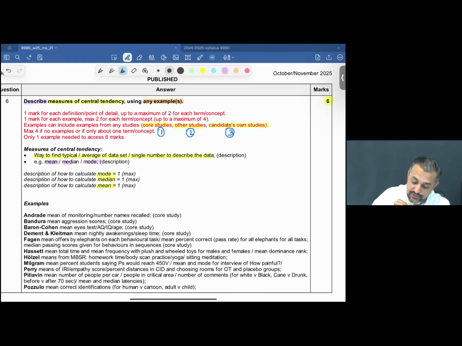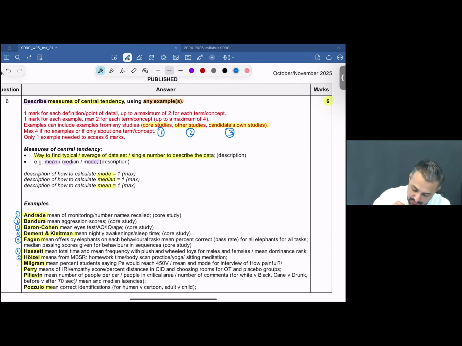Now, it's at your discretion if you want to give examples from the core studies. There are ample examples. I think the last time I counted them, there were 11 examples that you have.